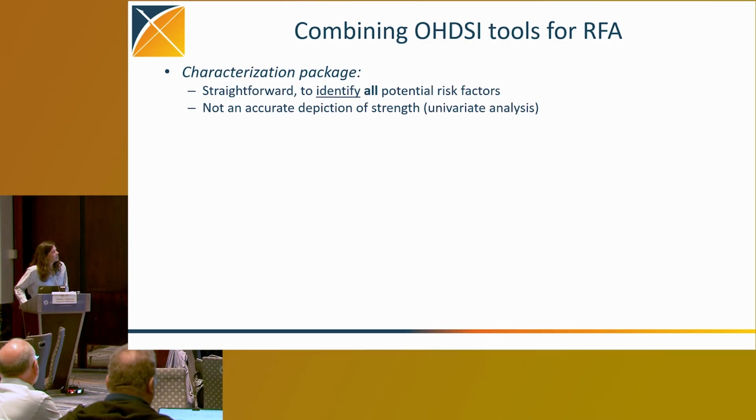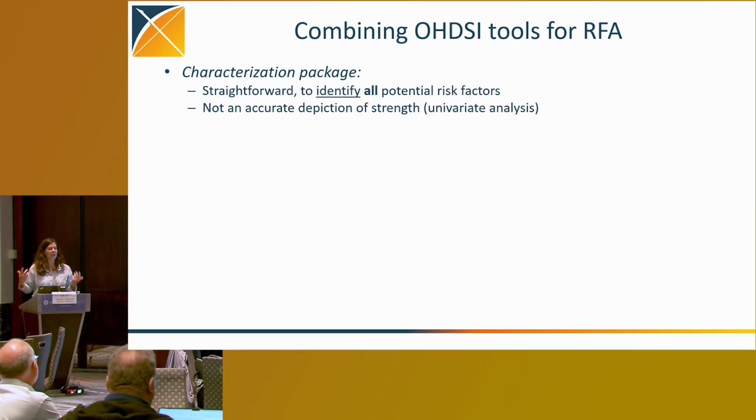So then to finish off almost, how to combine the different tools for risk factor analysis. This will just be a summary of everything that I've been through, but I think it's good to have this overview. The characterization package is a very useful resource to identify all the potential risk factors. So it's very good at the identification part.